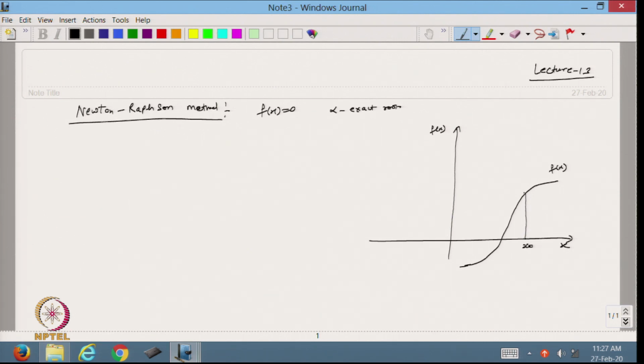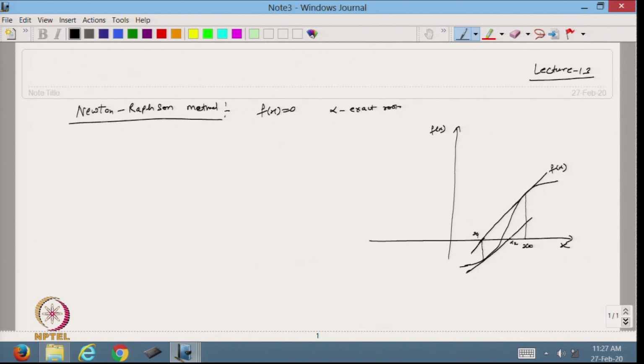At x0 I take the tangent line and see where this tangent line cuts the x-axis. Wherever it cuts the x-axis, I call it x1. After getting x1, I take the tangent line at this point and see where it cuts the x-axis, and I call it x2.